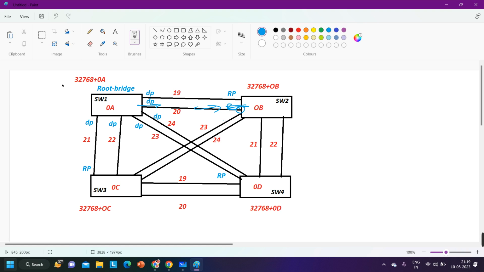Which one is sending superior BPDU? My neighbor. That means this port is not DP. Okay, on this link, there is no DP.